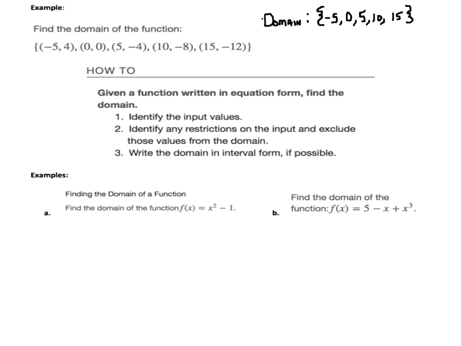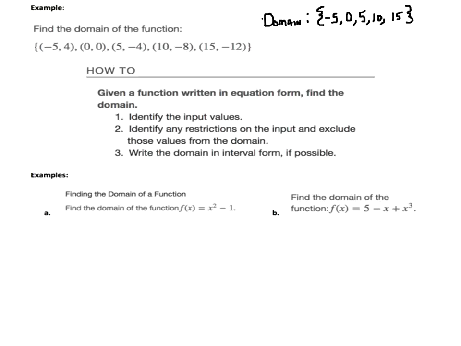So that's the domain for that particular set, that is the function. And now if we move forward, what if all we're given is an equation of the function?